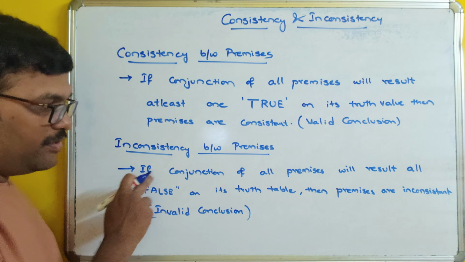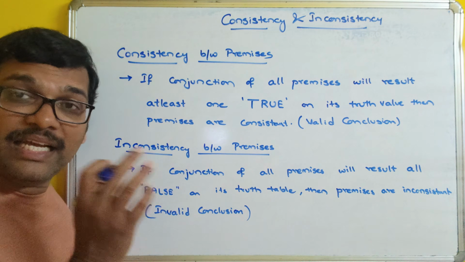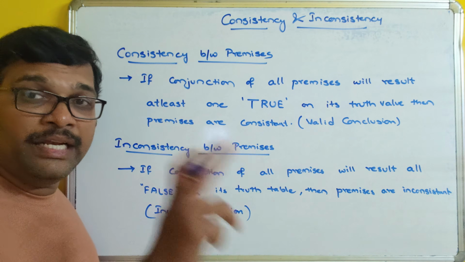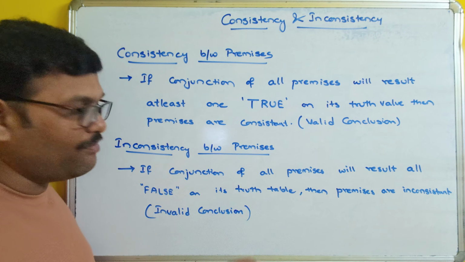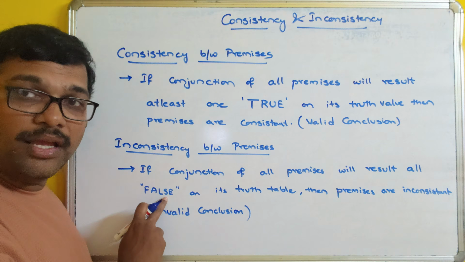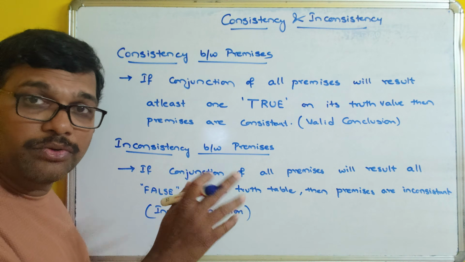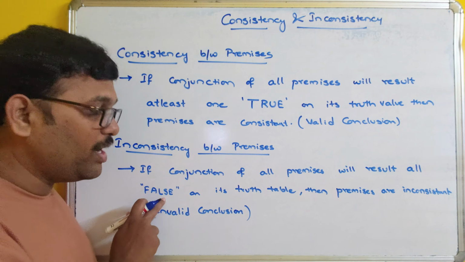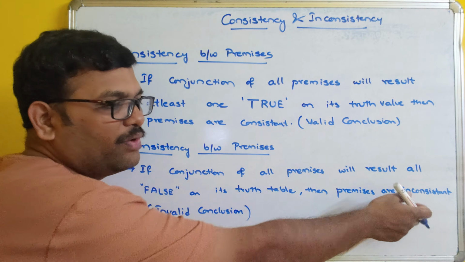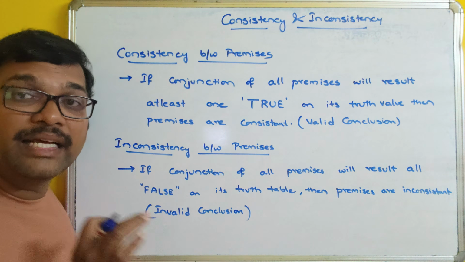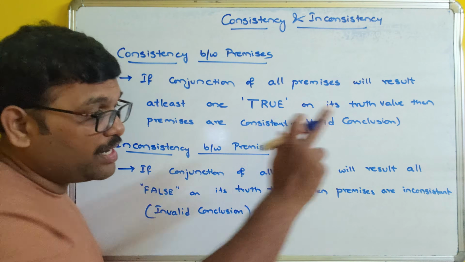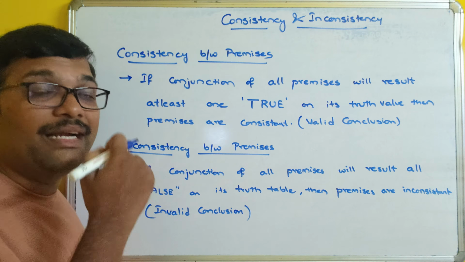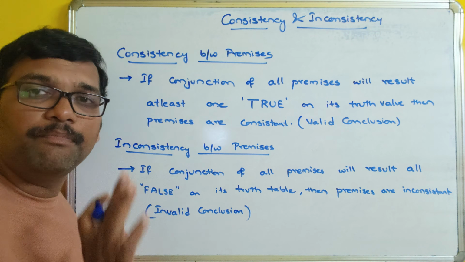The same thing: we apply the conjunction between all the given premises, and if the final result in the truth table is all false, not even a single one true, every truth value for all the combinations becoming false, then we can say the premises are inconsistent. So if the premises are inconsistent, we can conclude that we can't derive the conclusion from the given premises.